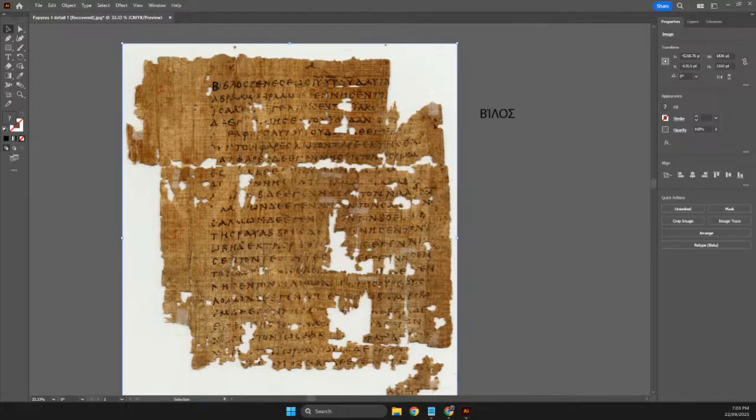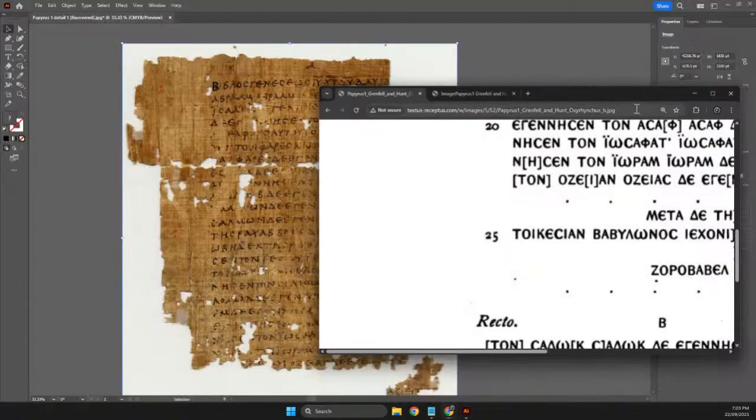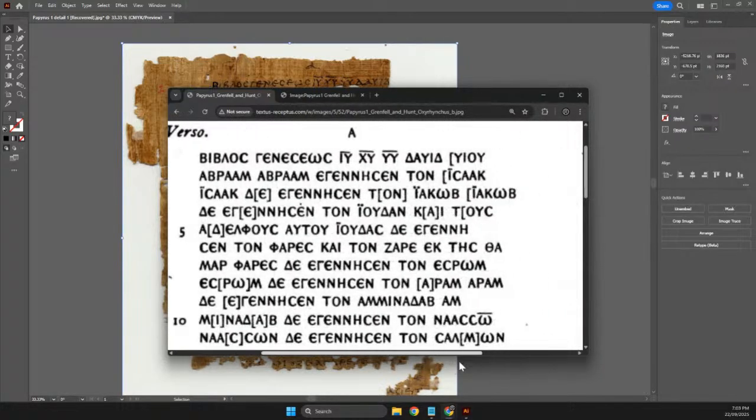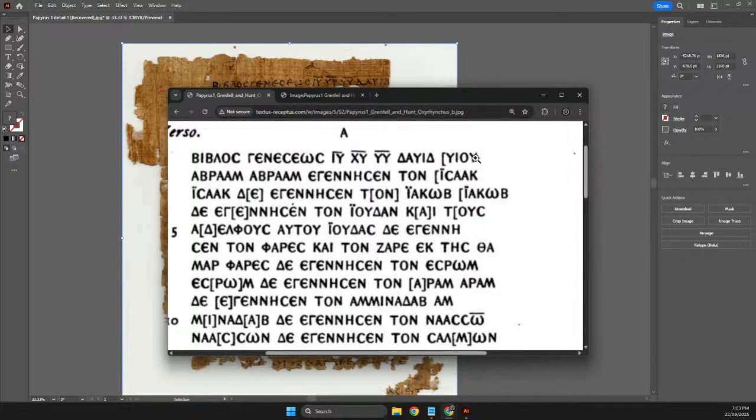It sort of makes you wonder about how accurate Grenfell and Hunt were when they do that type of thing, because they put Weo here spelt out, but you wouldn't do that if it's in a nomina sacra here. So Vivlos Genesius Huio, sorry, Yesu Christo, there's a Huio there. Huio David, Huio Abraham.